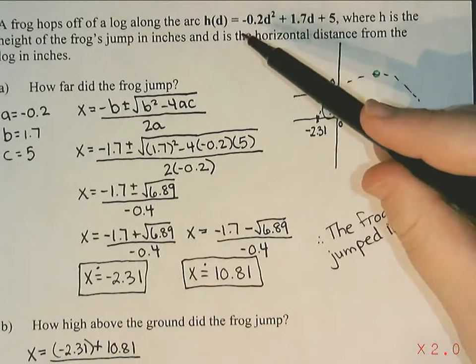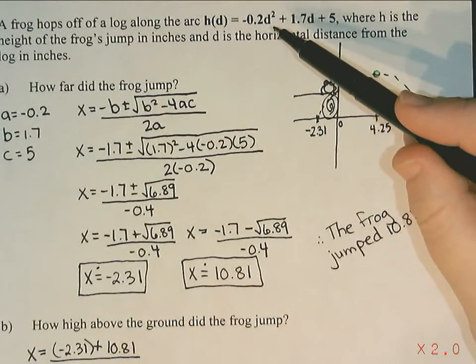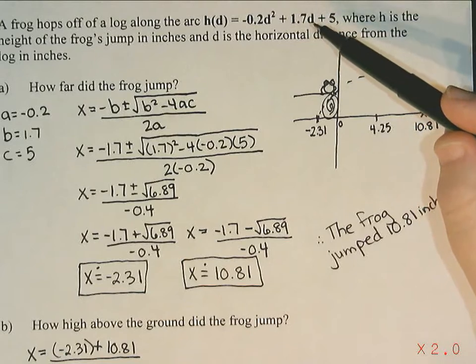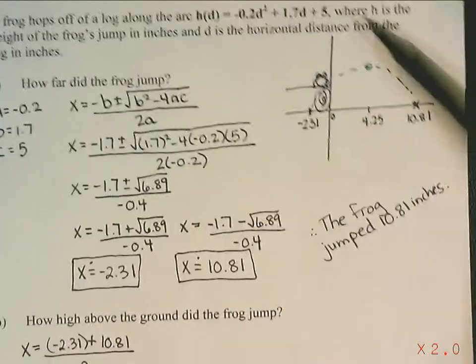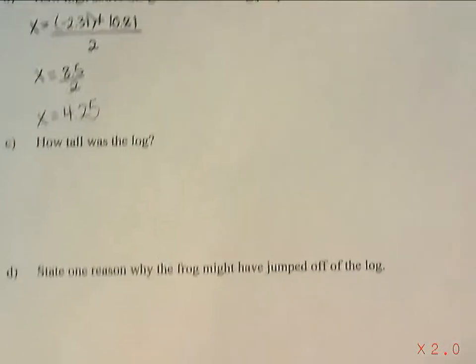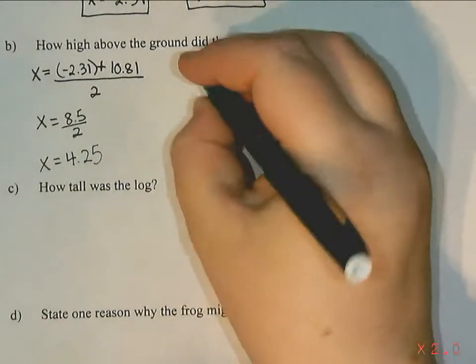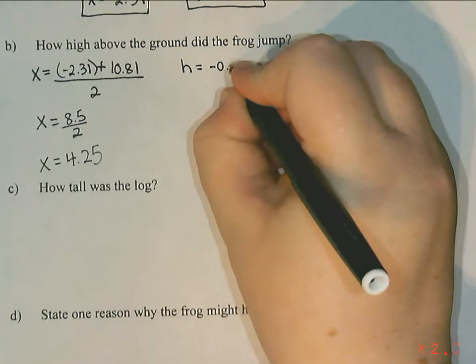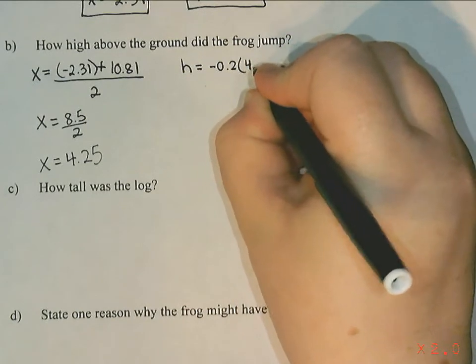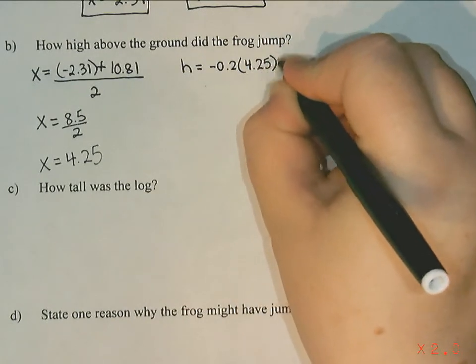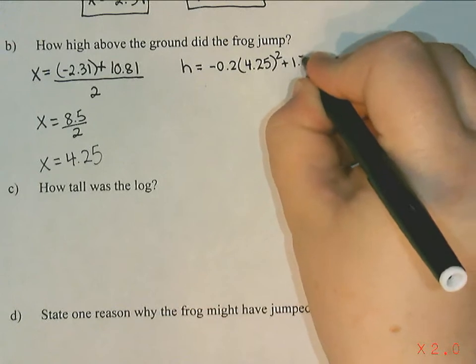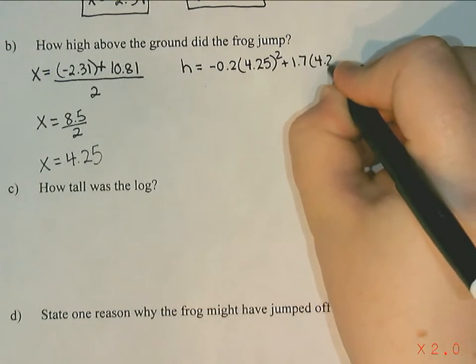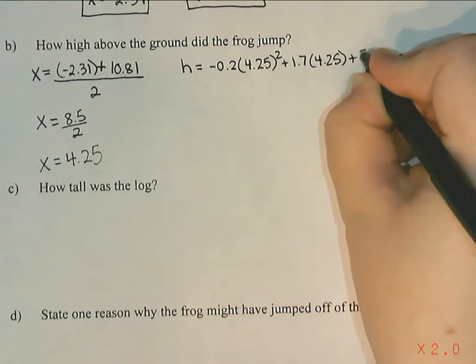So we're going to do negative 0.2 times 4.25 squared plus 1.7 times 4.25 plus 5. Let's give that a try. So to figure out my height, I'm going to do negative 0.2 times 4.25 squared plus 1.7 times 4.25 plus 5.